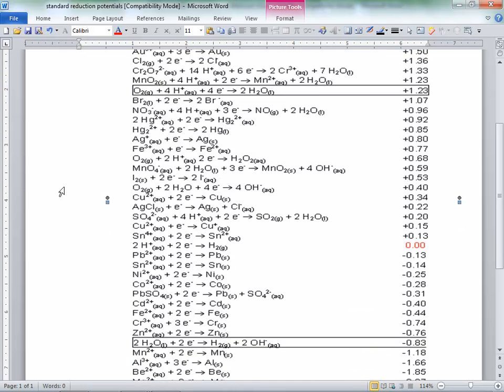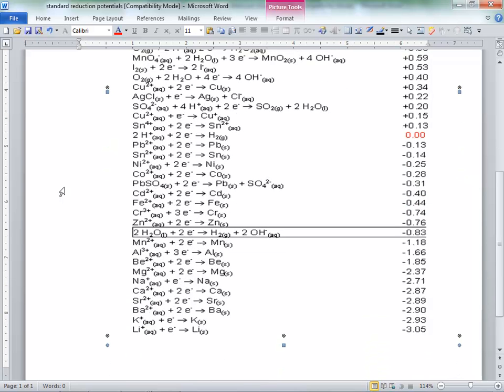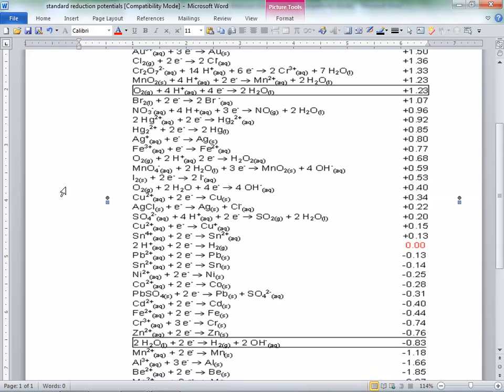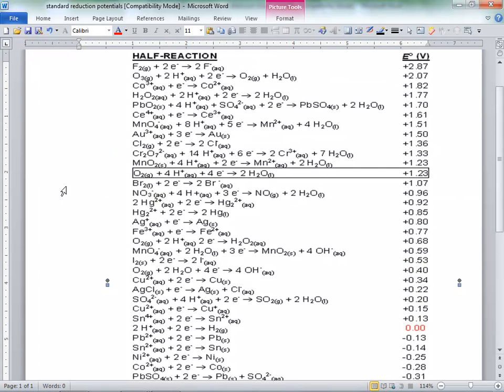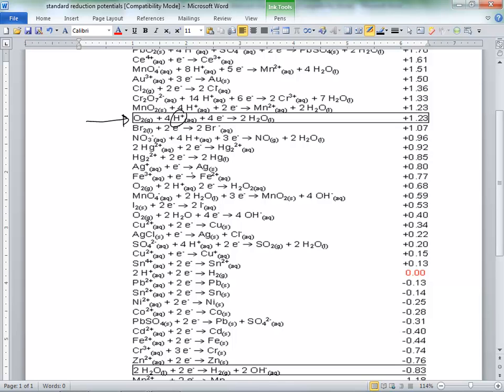So this platinum, where's hydrogen ion? There it is. There's your hydrogen ion and your water. Okay, that's good. The other one has hydrogen peroxide.